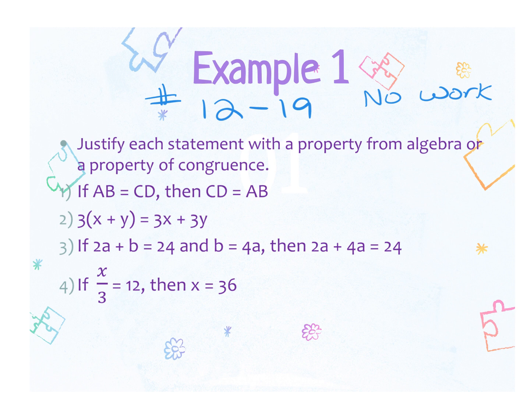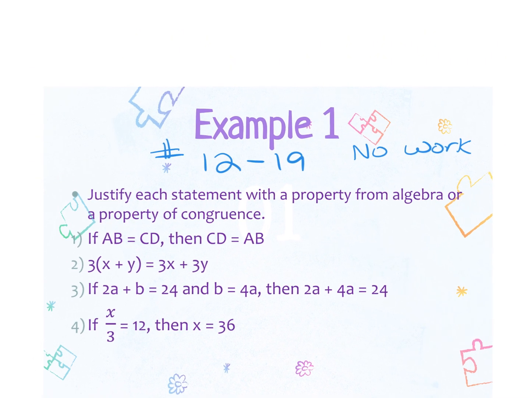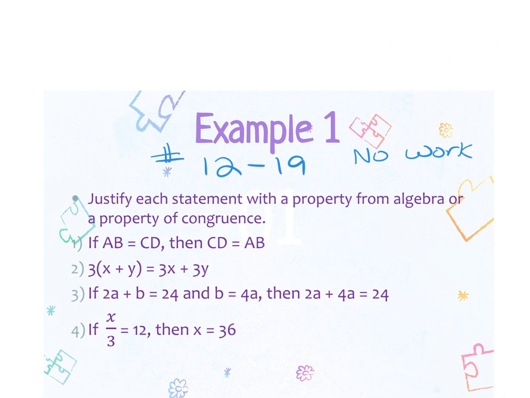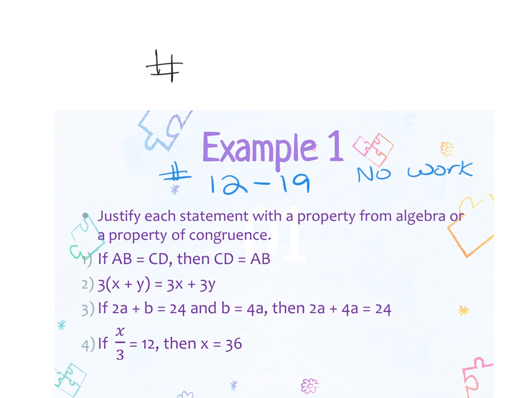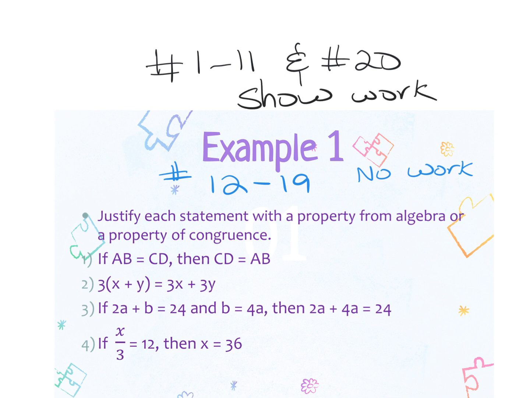However, for questions 1 through 11, and number 20, you must show work to get full credit. 1 through 11 is what I'm going to show you on the next slide. You are going to be writing algebra proofs for numbers 1 through 11. Number 20 is a word problem. I want to see the work for it.